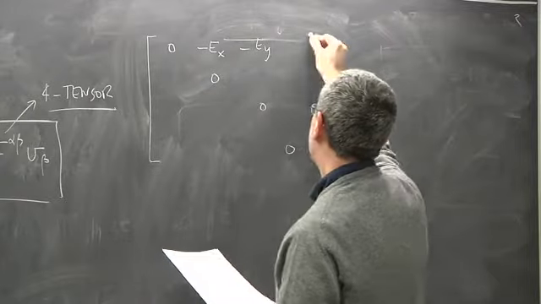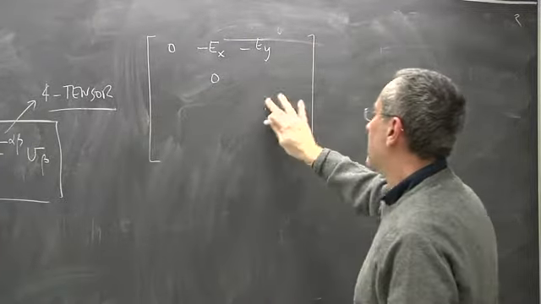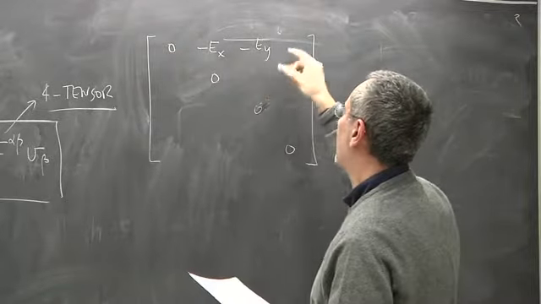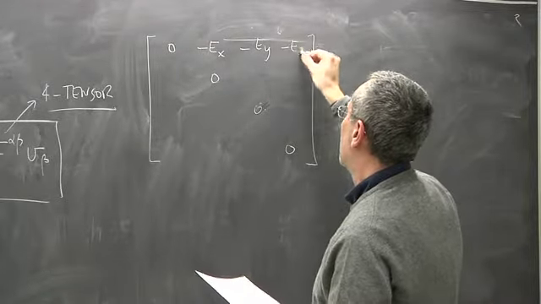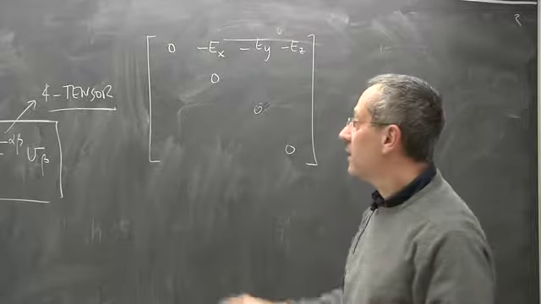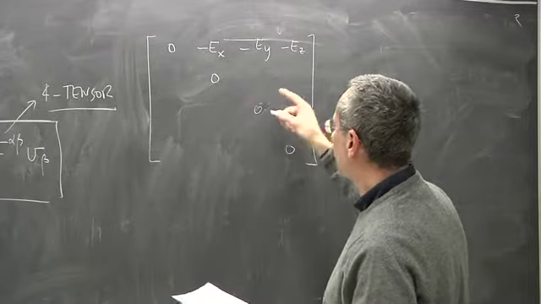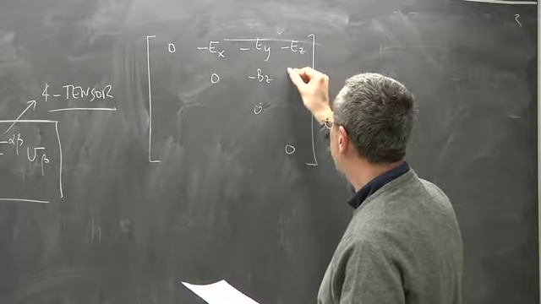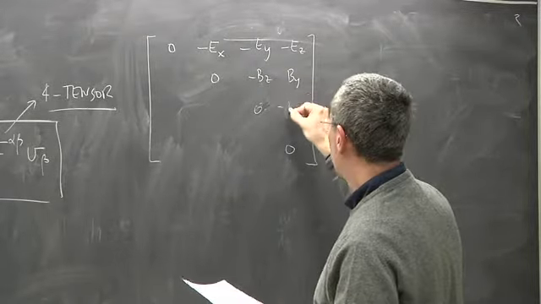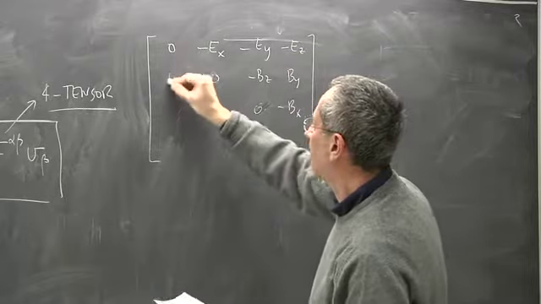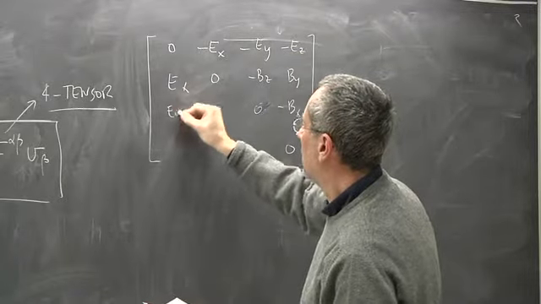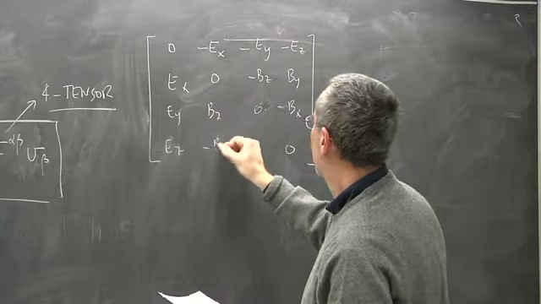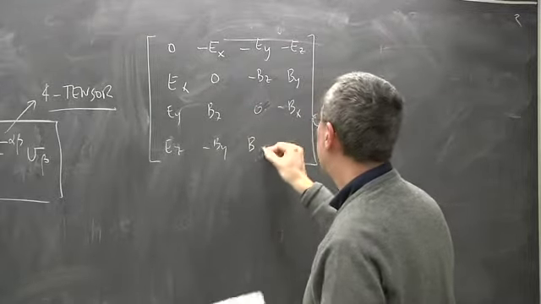So it has zeros along the diagonal. Then the mixed components, time-space, are given by the electric field, while the space components are components of the B field. And because it's anti-symmetric, you know that this must be these others.